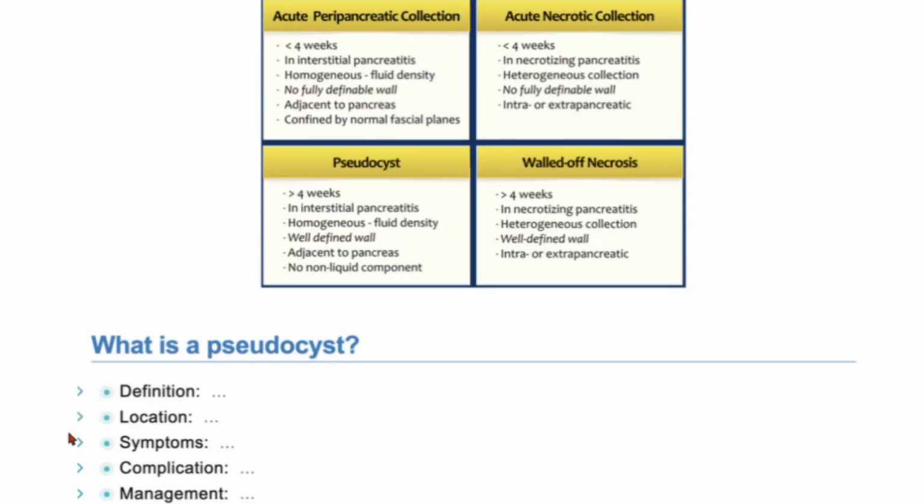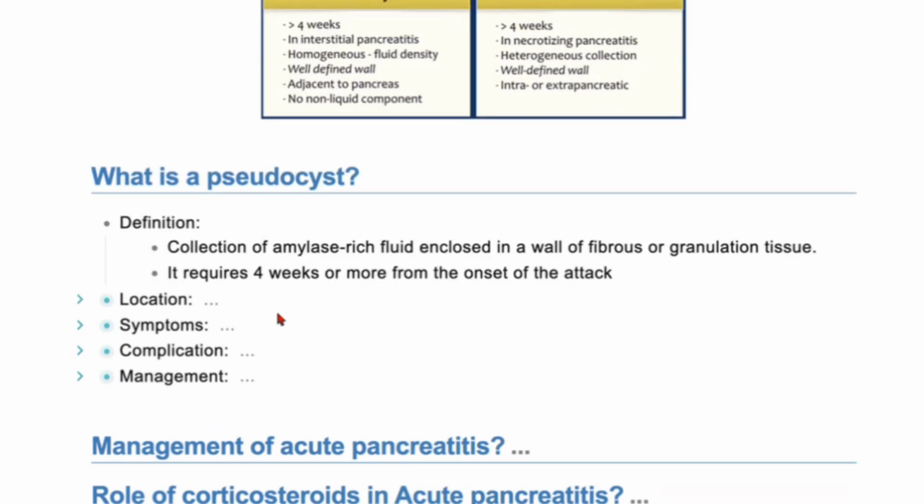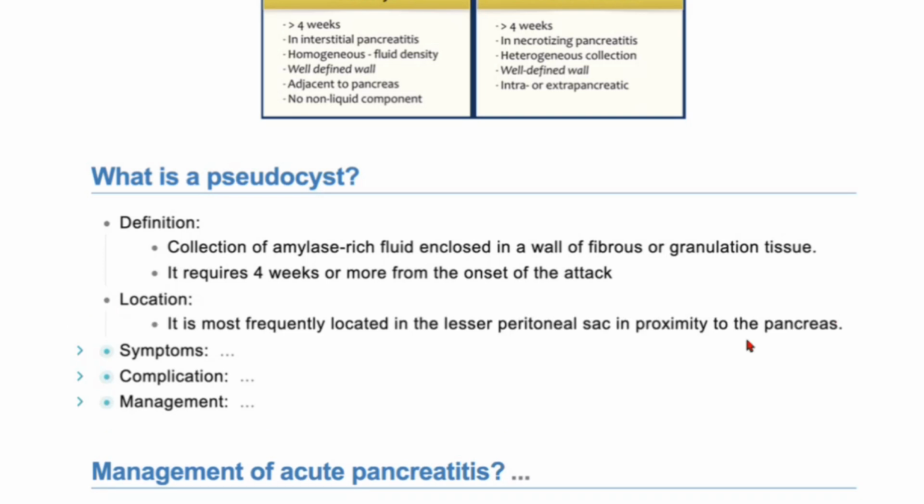It typically occurs 4 weeks from an acute attack of pancreatitis. It is usually located in the lesser peritoneal sac. The symptoms would be localized abdominal pain, nausea and vomiting. The complications are infections such as sepsis. It can lead to rupture because it's a well-defined homogeneous structure, and it can also go into surrounding vessels. And the management is conservative, so I think a large proportion of them resolve within 1 week.